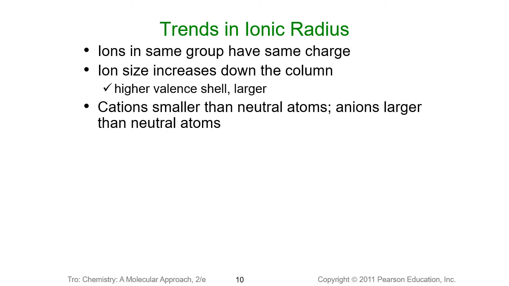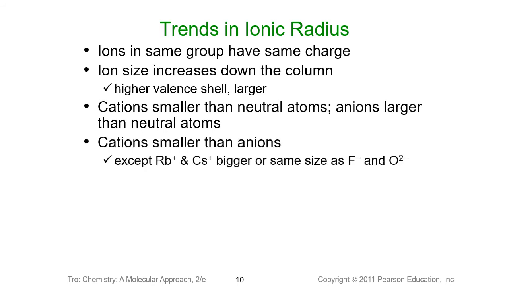So anions are larger, cations are smaller than the neutral atom. The interesting thing is that cations are smaller than almost any anion. So even our very biggest cations are about the same size as the smallest anions on the periodic table, which are fluorine and oxygen.